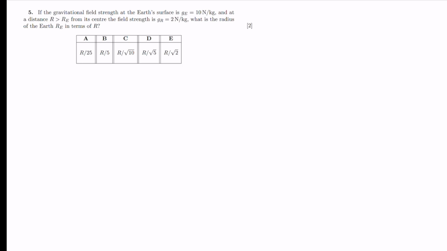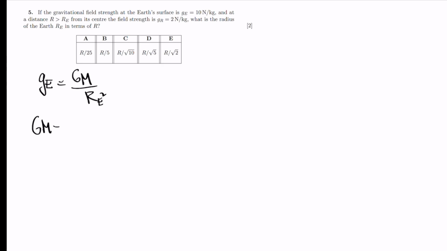So we know that the gravitational acceleration g of Earth is equal to GM over r_e squared. So what I'm going to do is express the factor of GM in terms of these.